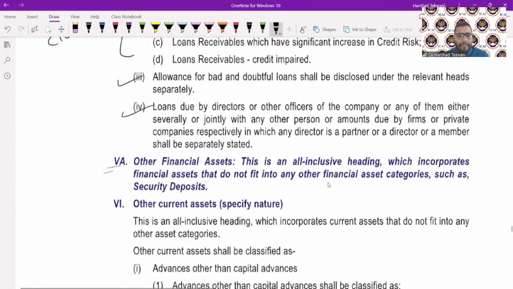Now, if they have removed the security deposit, where they have taken it is here, other financial assets. Other financial asset is an all-inclusive heading, which incorporates financial assets that do not fit into any other financial asset category, such as security deposit. So now security deposit will be shown under the head of other financial assets.